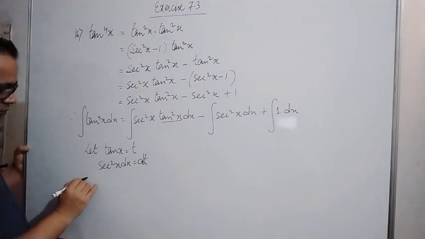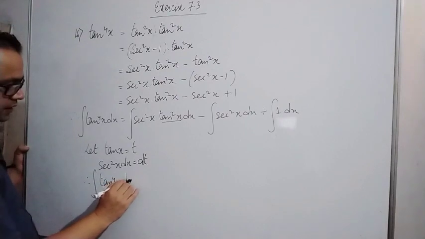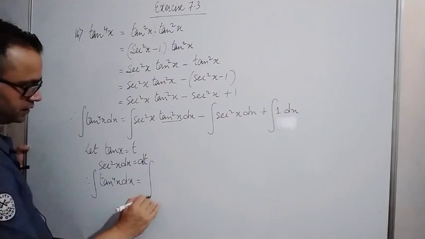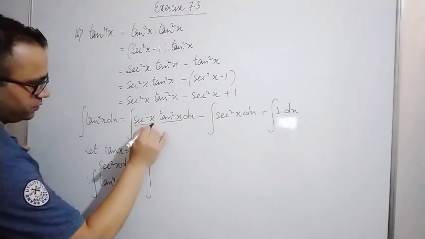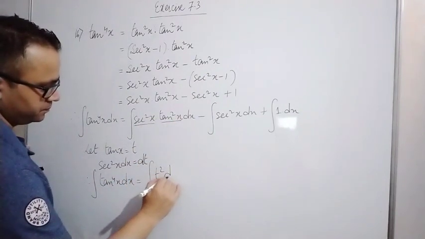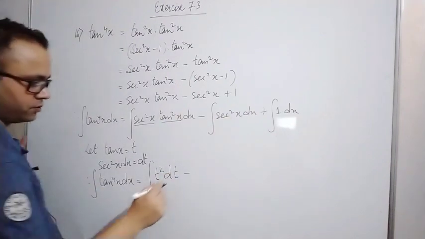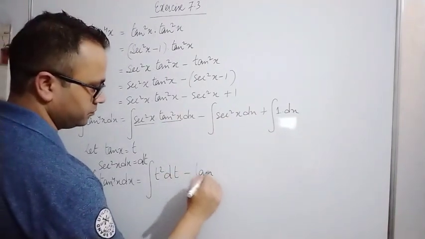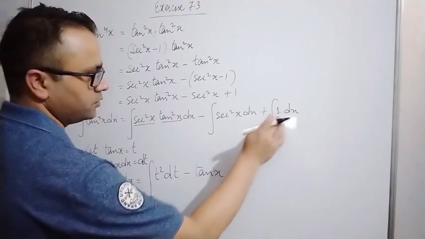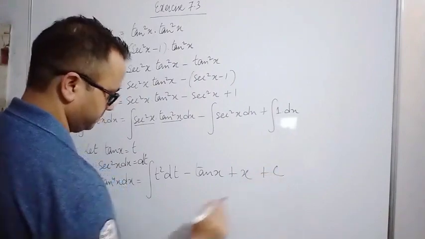So therefore integration of tan to the power 4x dx equals integration of, now sec square x dx is dt, so this is t square dt, minus, what is the integration of sec square x? It is tan x, plus, what is the integration of dx? It is x plus c.